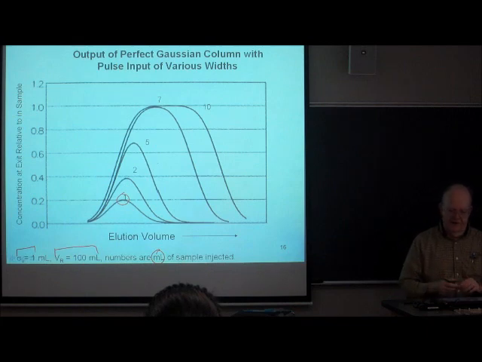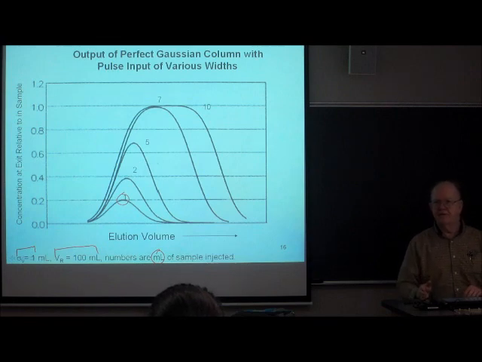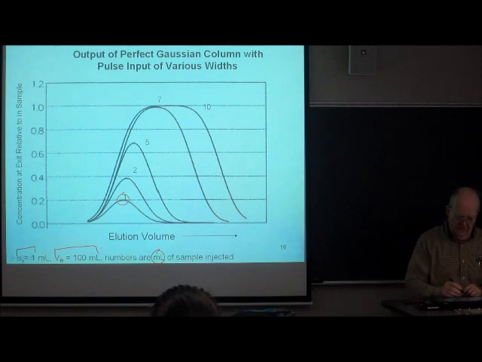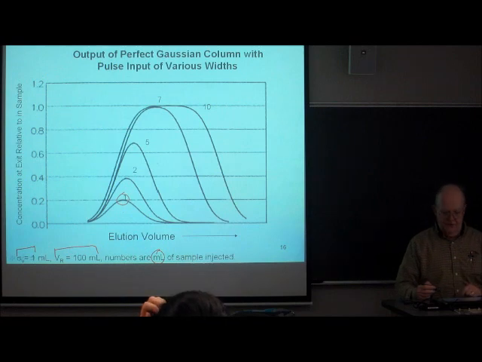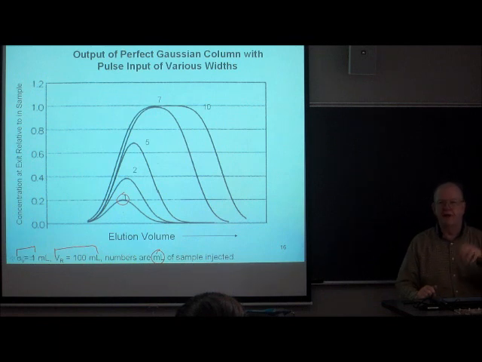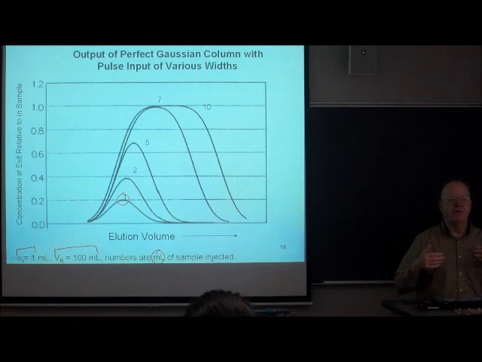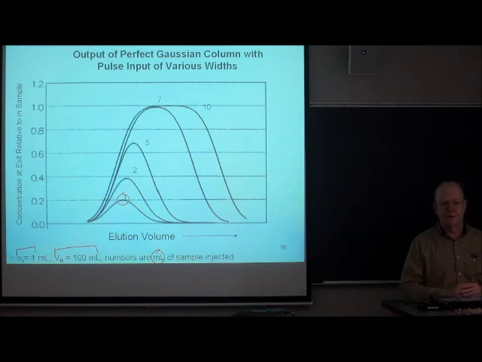So what I'm saying is, if you inject 1 ml into this column, you're going to get a peak that looks very Gaussian. You're going to get this peak. If you inject twice as much, the area under that peak is going to exactly double. Why has it doubled? Because you've injected twice as many moles or twice as many grams of sample. The injection volume went from 1 ml to 2 mLs.